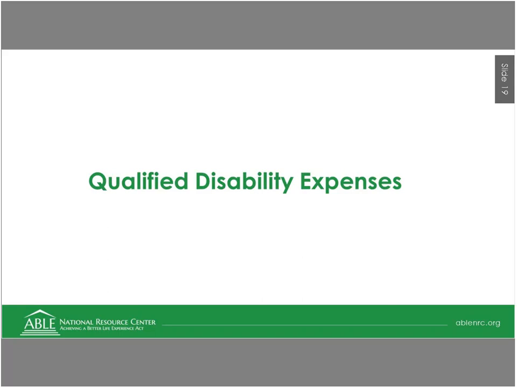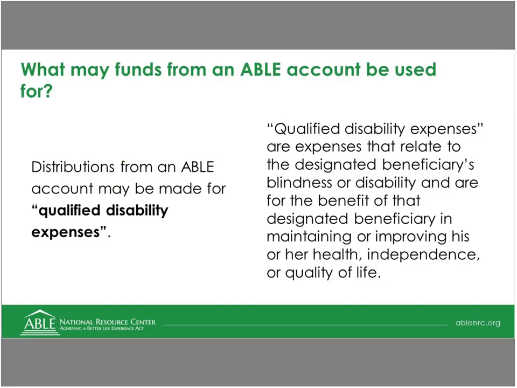In general, they're called Qualified Disability Expenses, or QDEs, but oftentimes we scratch our heads wondering, what in the world does that include? That's what we're going to talk about today. So what may funds from an ABLE account be used for? Distributions, or money taken out of an ABLE account, are required to be used for, quote, qualified disability expenses.